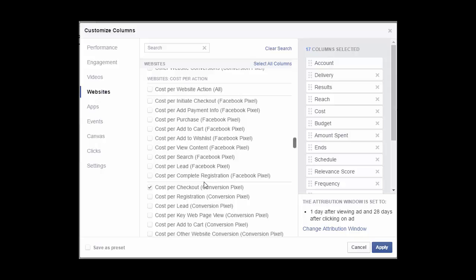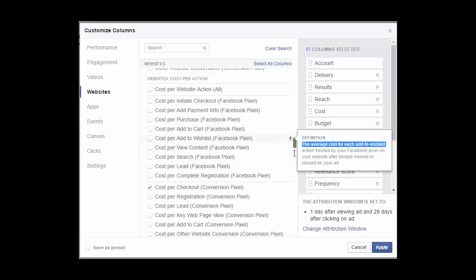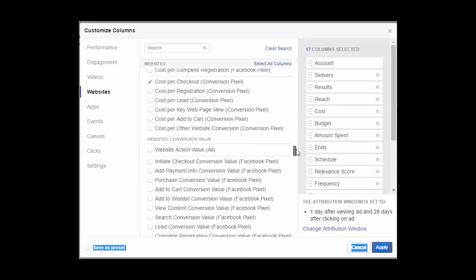Using website conversion value, you can set this up so you know how much you are going to be making per sale. Okay, website conversion value, which is this one.